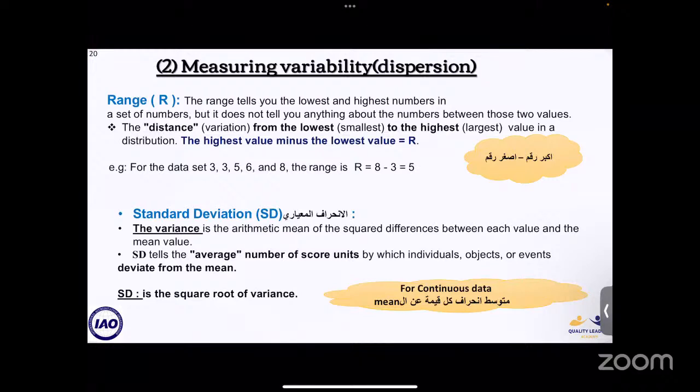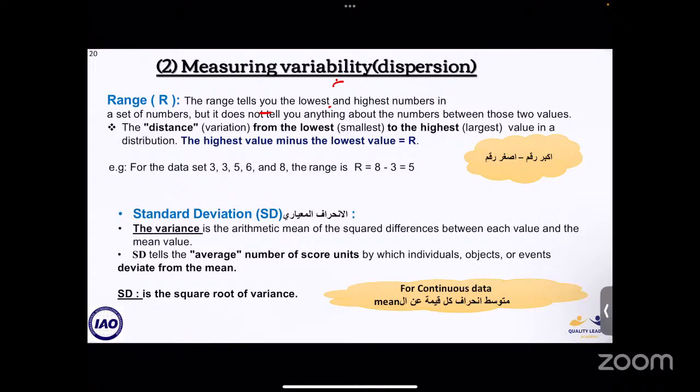We have discussed the measures of central tendency, which include the mean, median, and mode. Now let's look at variability, which means the data dispersion around the center, mean or median. The range tells you the lowest and highest numbers in a set of numbers, but it does not tell you anything about the numbers between the two values.